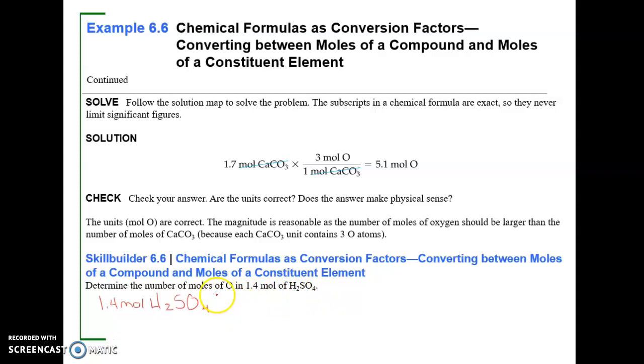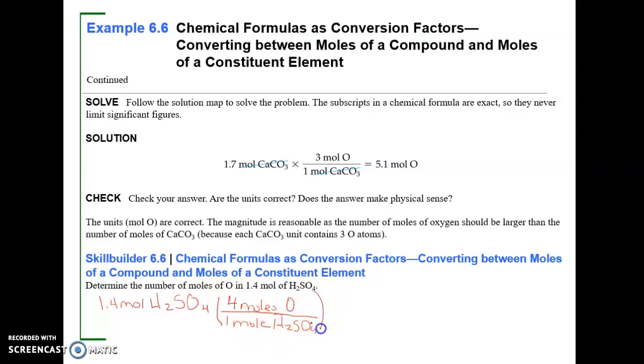So we want our H2SO4 on the bottom. So 1 mole of H2SO4, that's our sulfuric acid, contains 4 moles of oxygen.